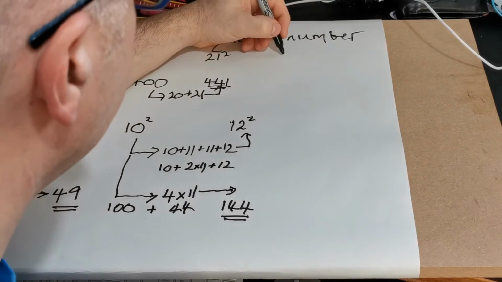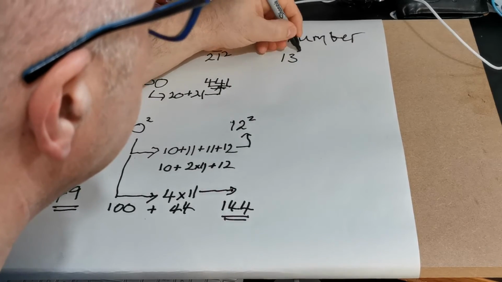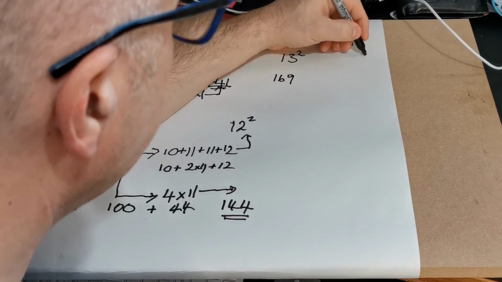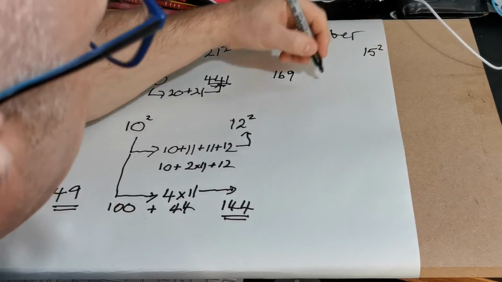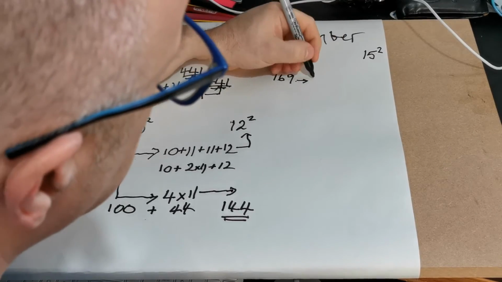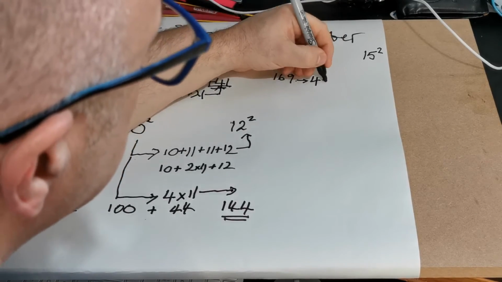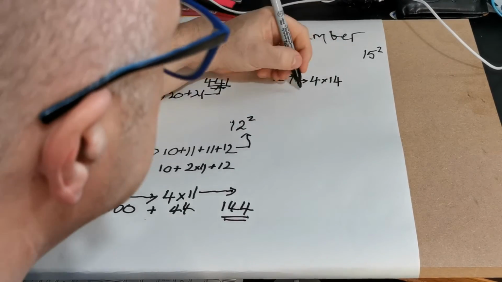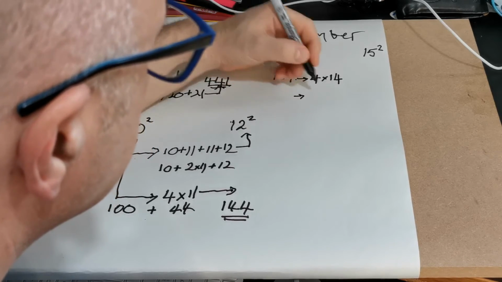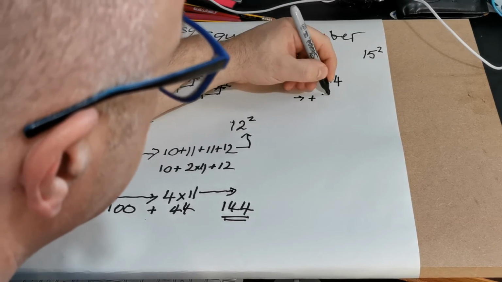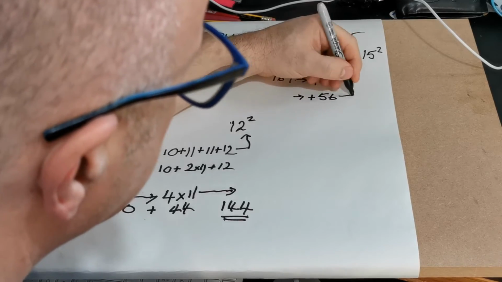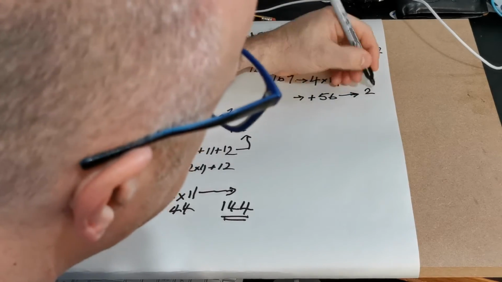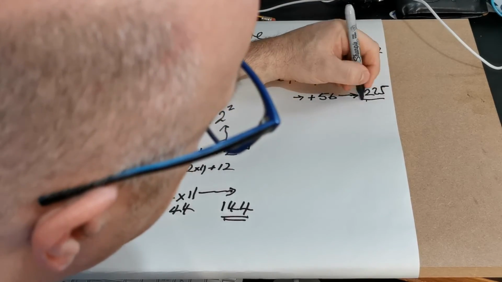So if I know what 13 squared is, it's 169, and I want to find out what 15 squared is, if I add 4 times what the middle number is, 4 times 14, 4 times 14 is 56, I do indeed get 225, which is what 15 squared is.